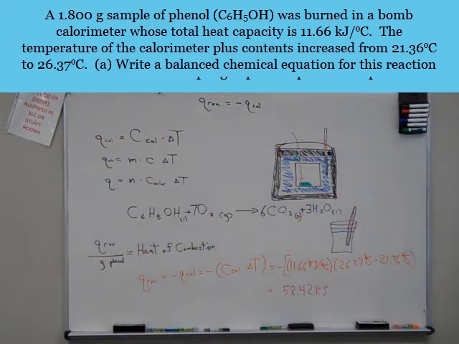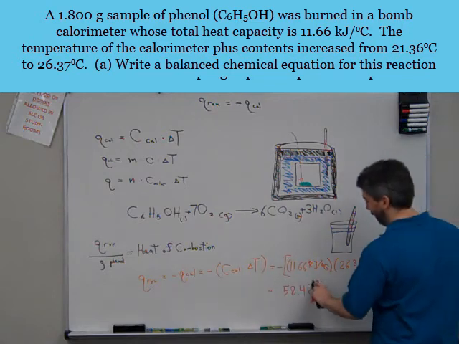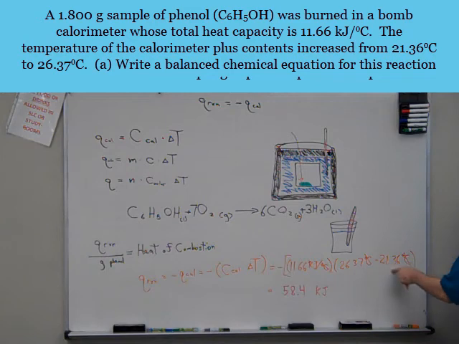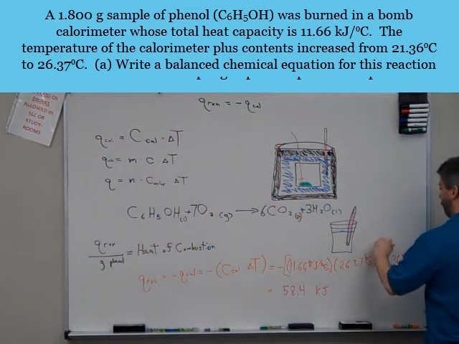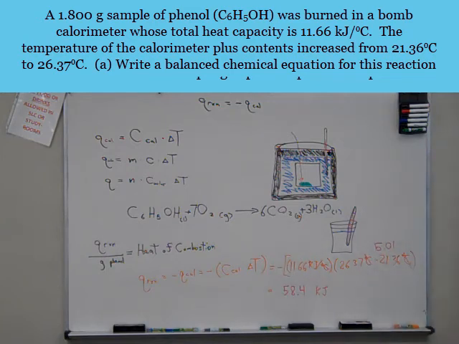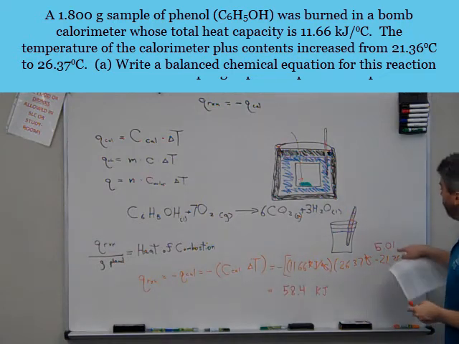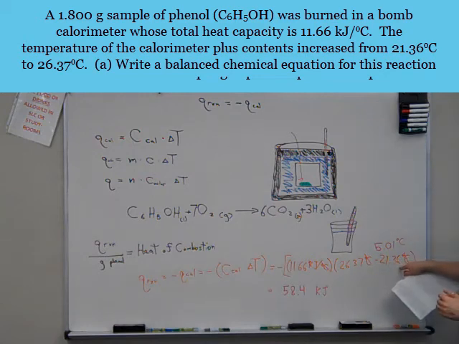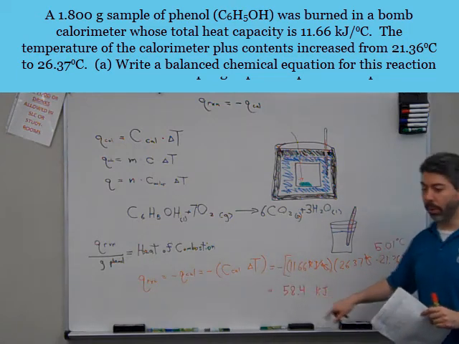Now, I will say this. We actually only have 3 sig figs. And the reason we only have 3 sig figs is when you subtract these two, you get the number 5.01. And even though these look like they have 4 sig figs here, when you subtract them, you end up only having 3, because when you're subtracting, it's how many decimal places it has, right? So that's going to mean 58.4 kilojoules.